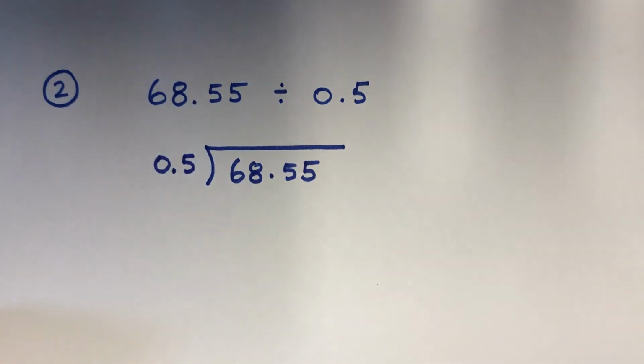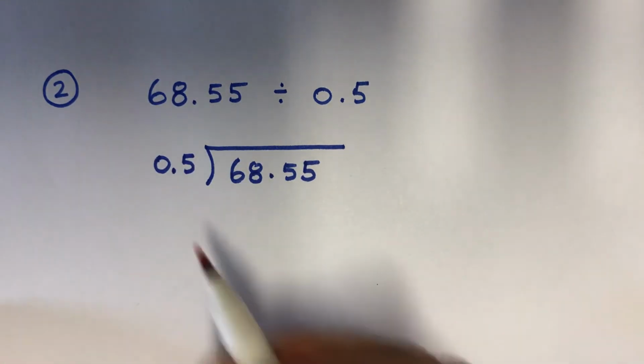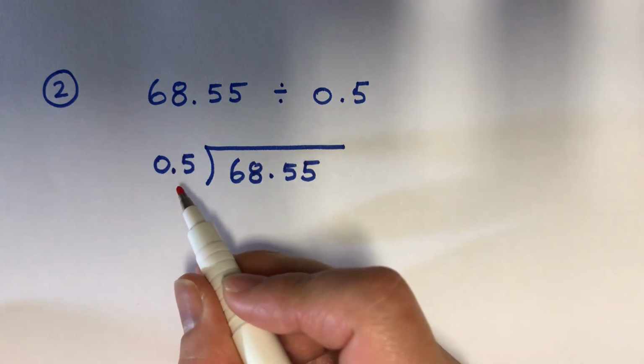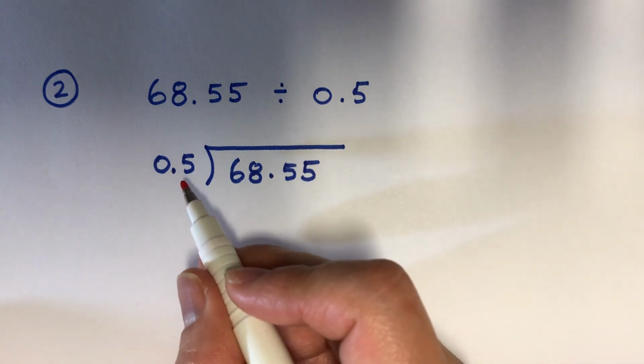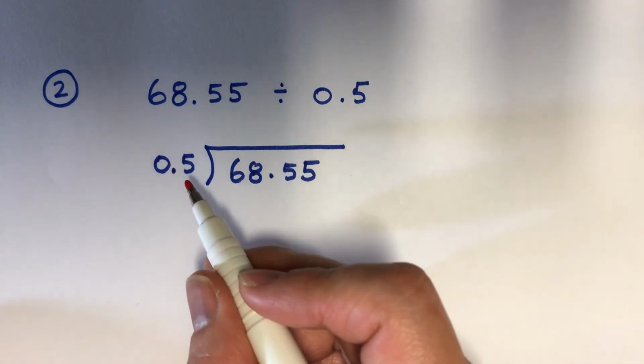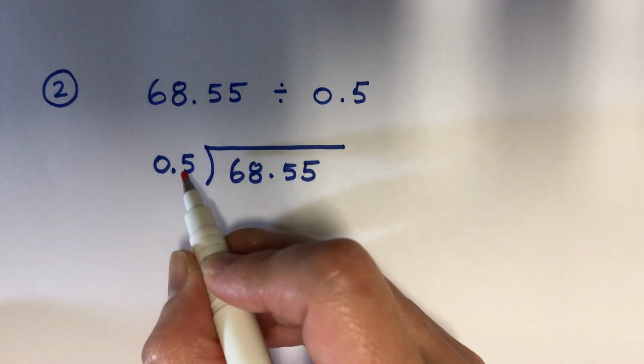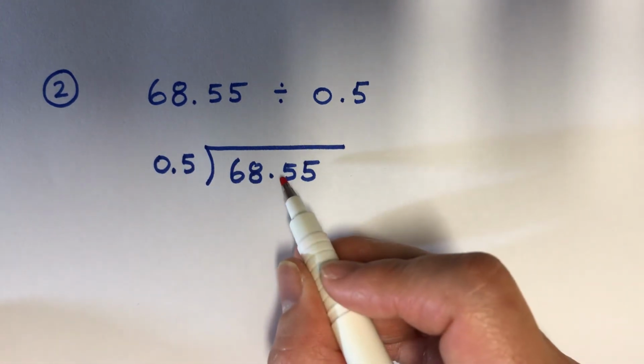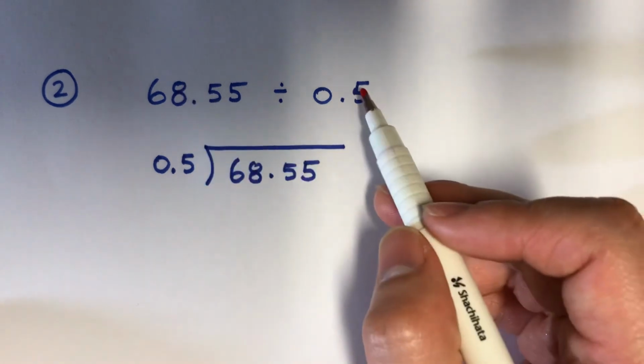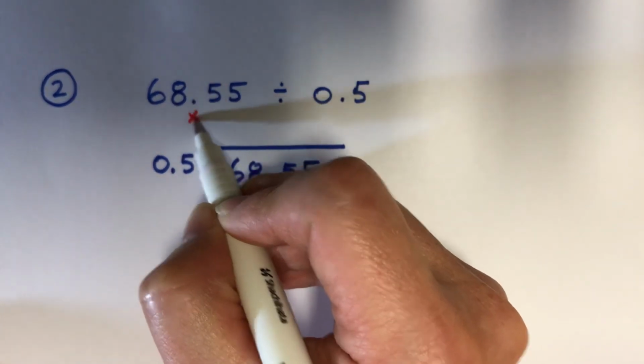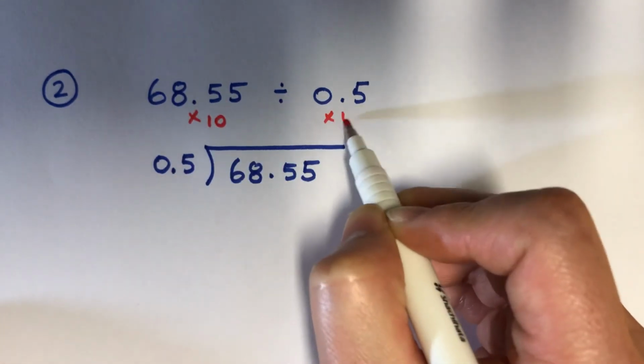Now, I would suggest you make this divisor into just a whole number. Now, how am I going to do that? I'm going to times by 10, and I'm going to times by 10 here. So both times, I'm just going to times by 10.